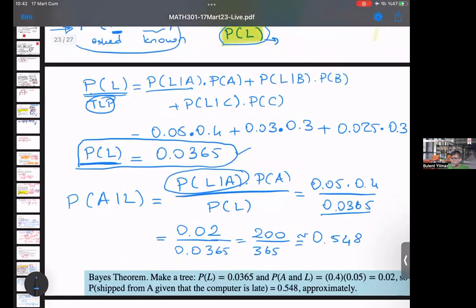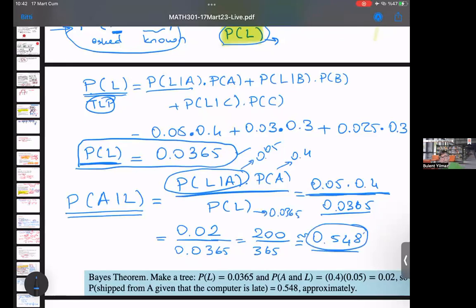And then finally, we put the values here. This is 0.05, and this is 0.4 from the question. And this is something we found here, 0.0365. And then finally, I will do this division and obtain 0.548, okay?